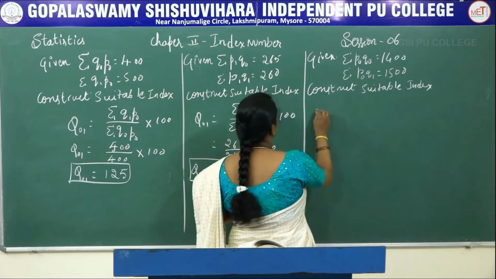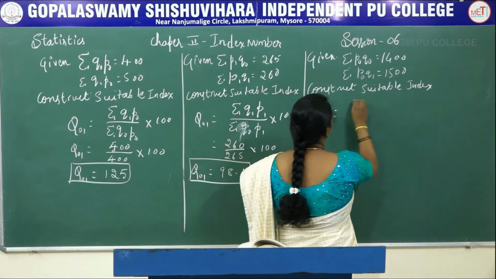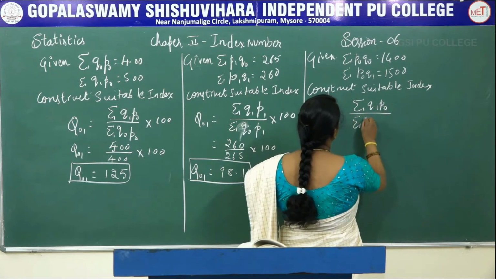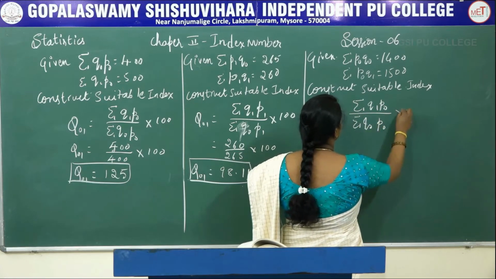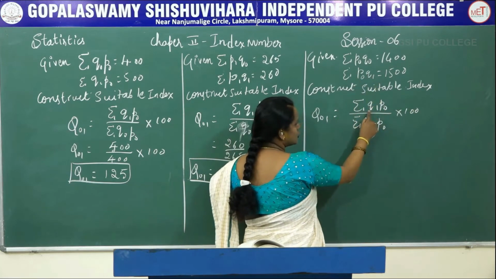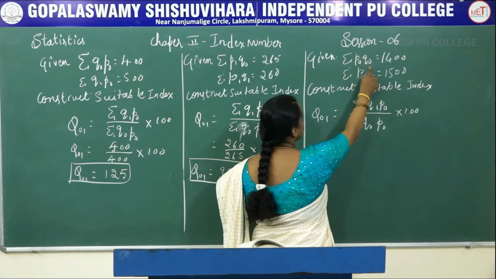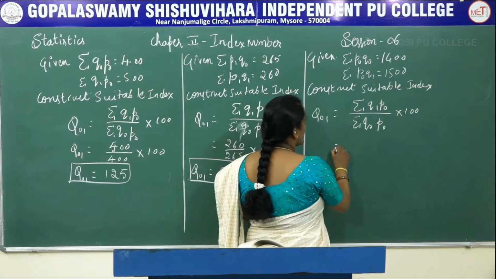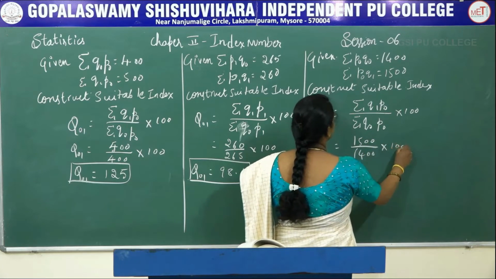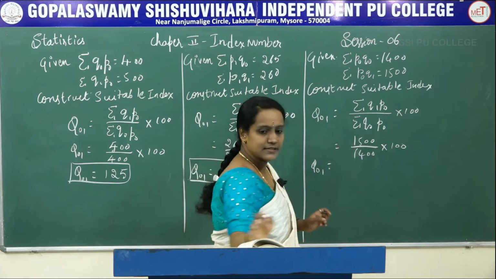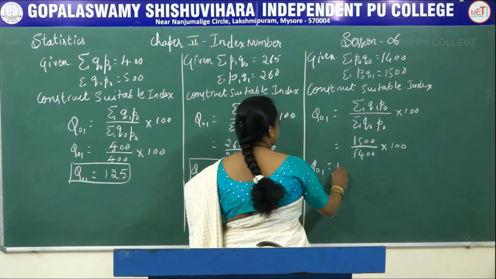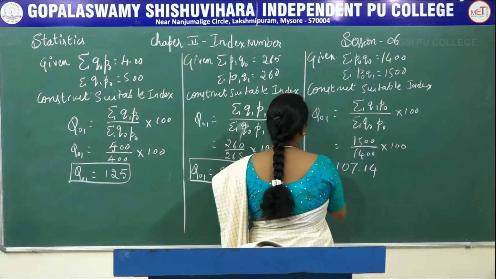We will rearrange this as QP, that is summation of Q1 P0 by summation of Q0 P0 into 100. I have written P0 Q1 as Q1 P0 and P0 Q0 as Q0 P0. Then substitute the values. Our Q01 is 107.14.